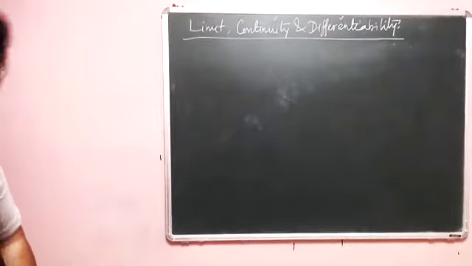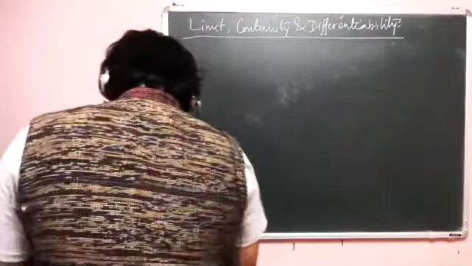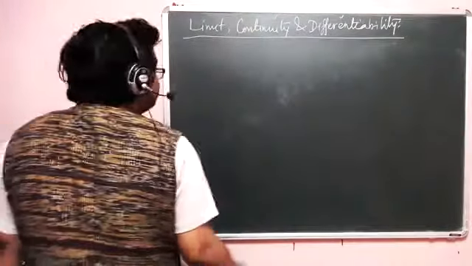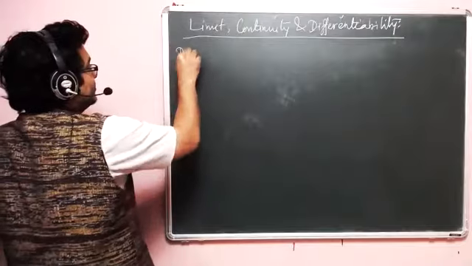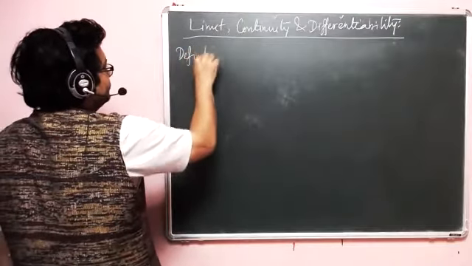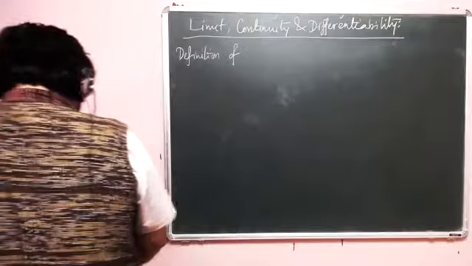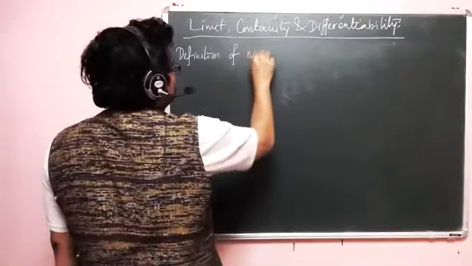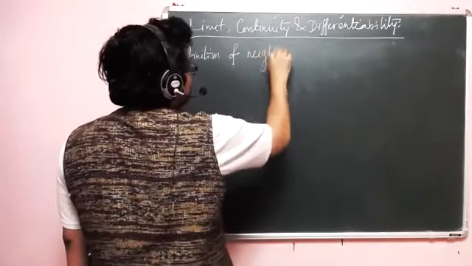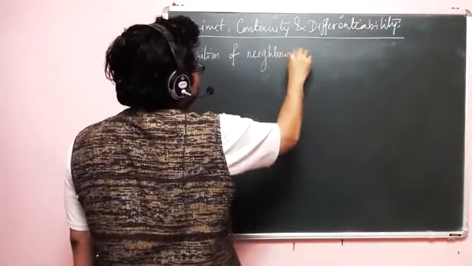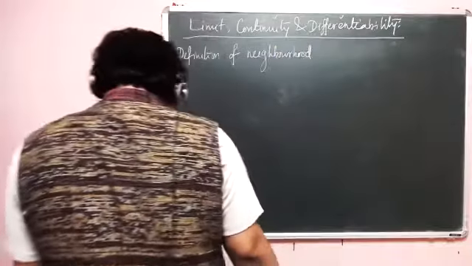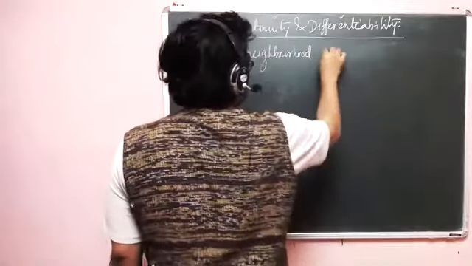So we start with the definition of neighborhood of a point.